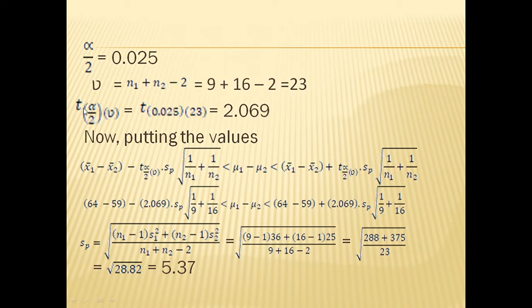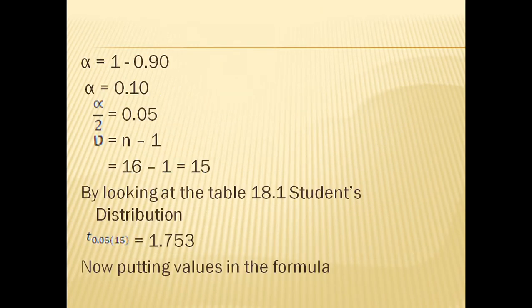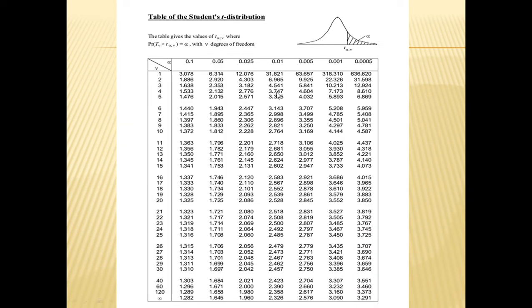Now when we look into the table, in front of 23 and below 0.025, this is the table for the t distribution.